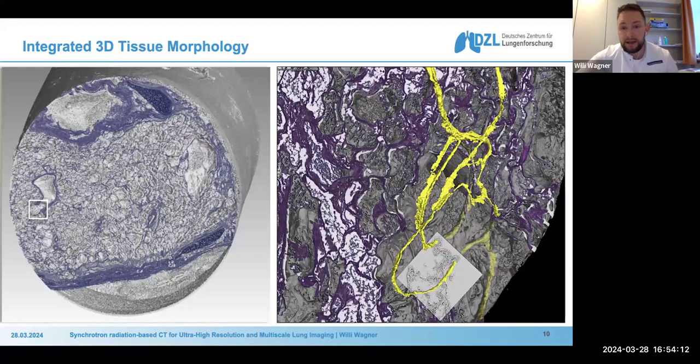Here are just some other examples of healthy lung so far, integrated tissue morphology, and the additional information that you get in the lung if you're using three-dimensional imaging is vast. Here, for example, are septal tips of alveoli.